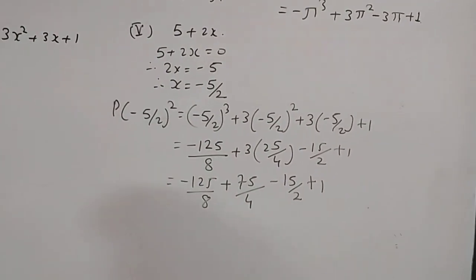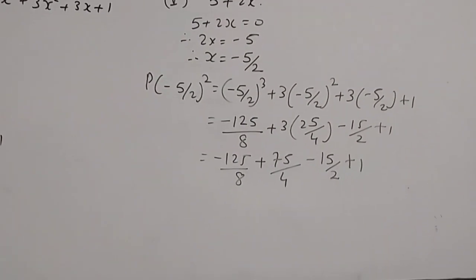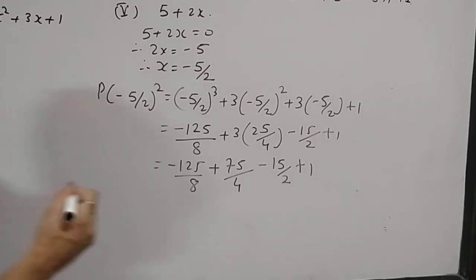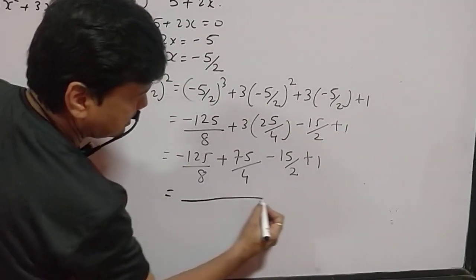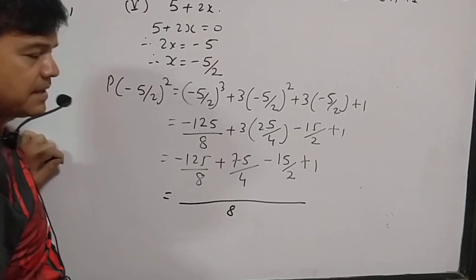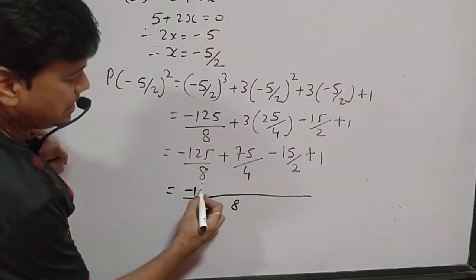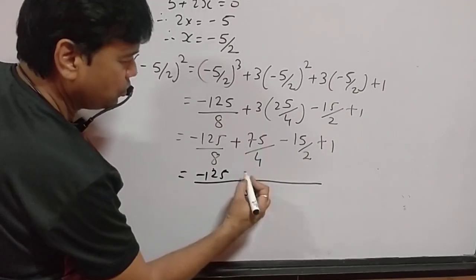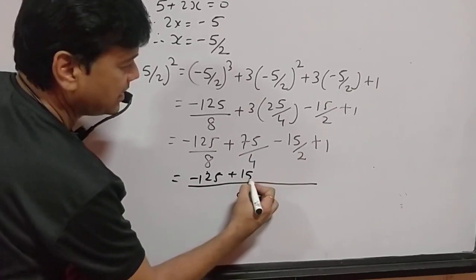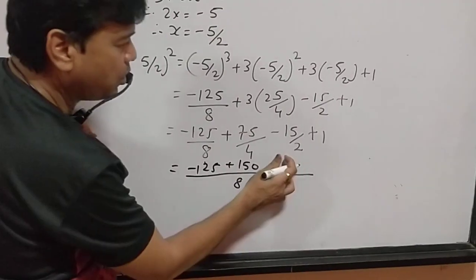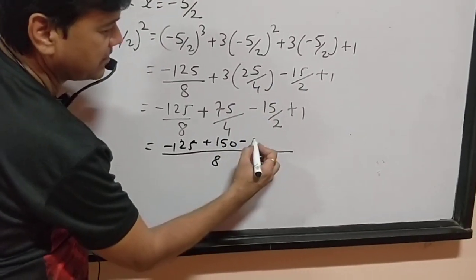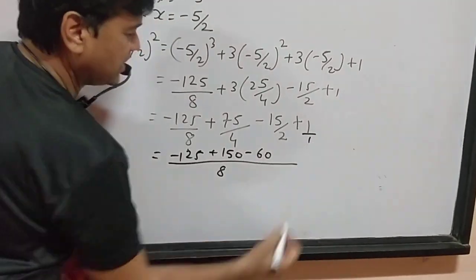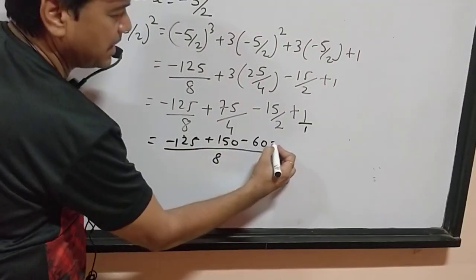Now simplify. How can you simplify this? The LCM is 8. Here 8 is there, so it is not multiplied by anything. 4 twos are 8, so multiply by 2: 75 twos are 150. 2 fours are 8, so multiply by 4: 15 fours are 60. Here nothing is there, so 1 is there, multiplied by 8.